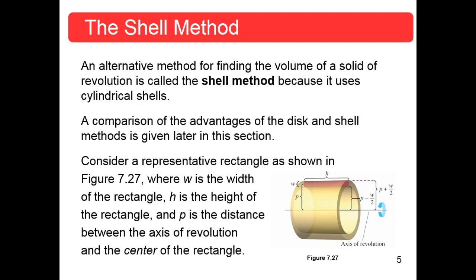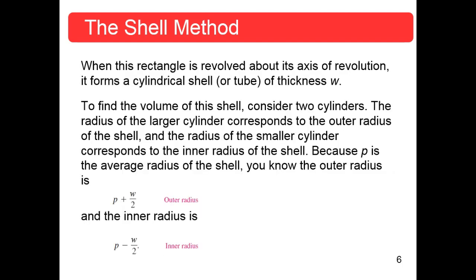That flattens out to be a rectangle. The length of that rectangle is the circumference of that circle, 2 pi P. The width of the rectangle is H, and the thickness of that is W.